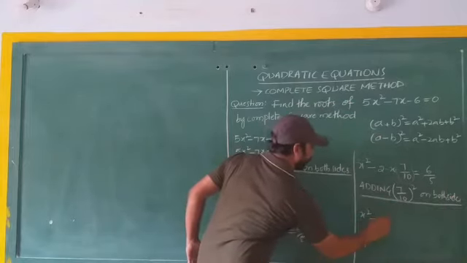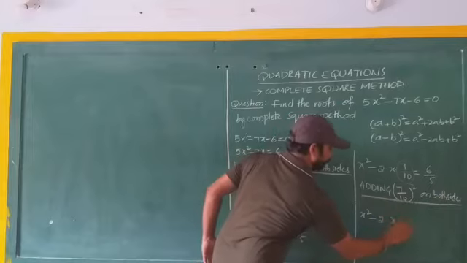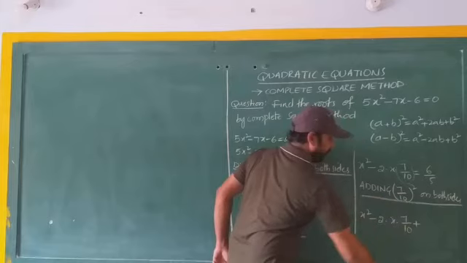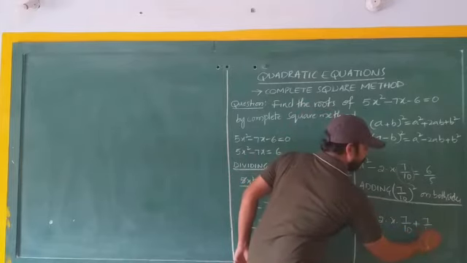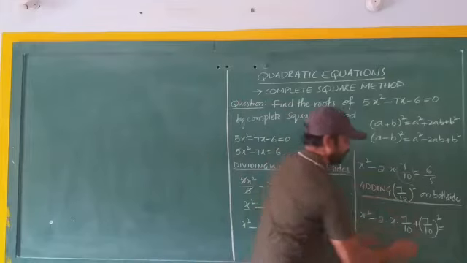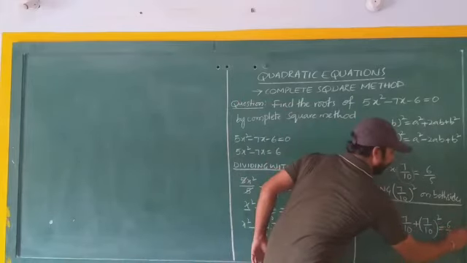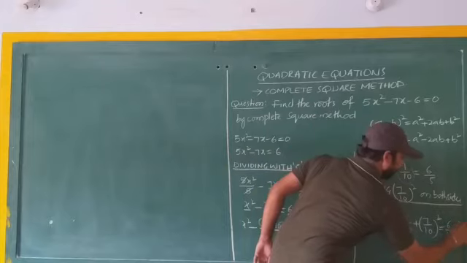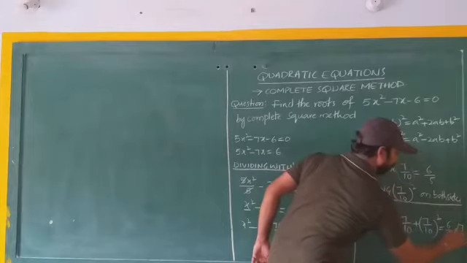X square minus 2 into x into 7 by 10. Now adding the b square here, plus 7 by 10 whole square, which is equal to, on the right hand side, 6 by 5 plus 7 by 10 whole square.